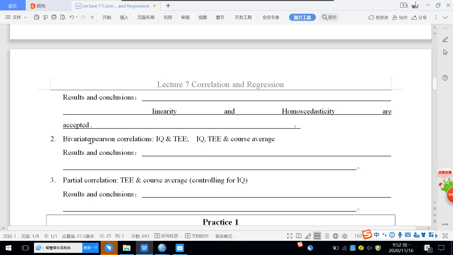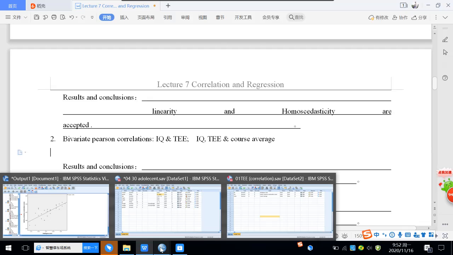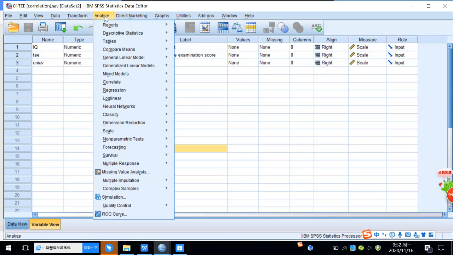Next, second is this one: IQ, TEE, and course average. Yeah, please show the bivariate Pearson correlations. Okay, let's look at here. Analyze. Here is the correlate.